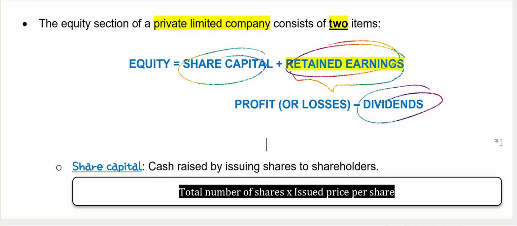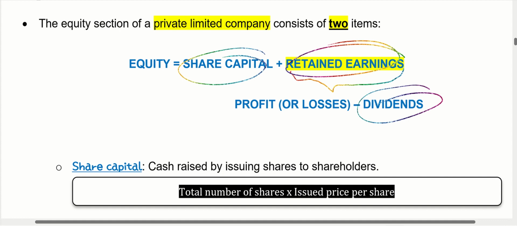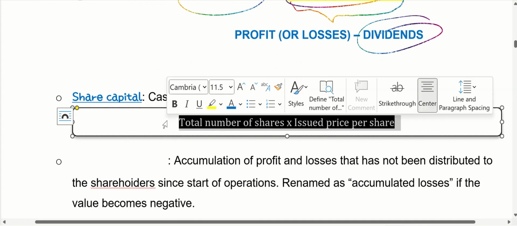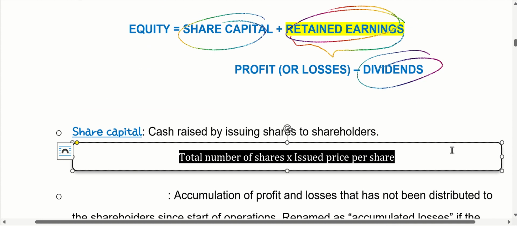So the cash that you get from selling your shares, that is your share capital. Share capital can be calculated by taking the total number of shares times the issued price per share. That is how we calculate share capital. Pause if you need a longer time to write.